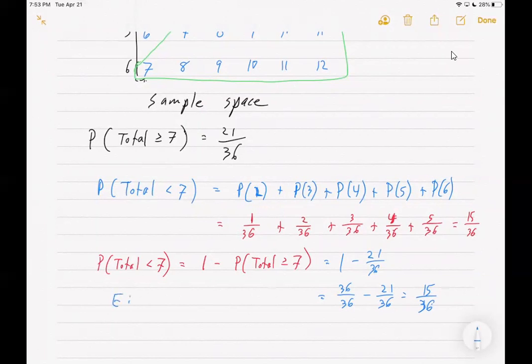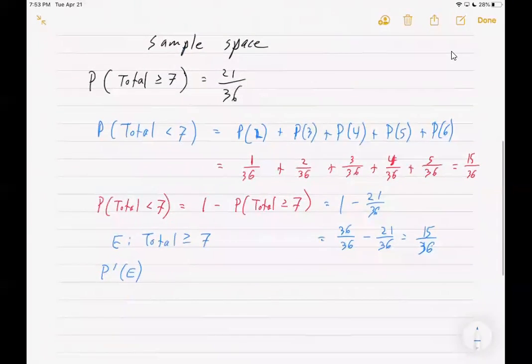So we can say, using the idea of complements, that if E is the event that the total is greater than or equal to 7, then the book would call this the complement. We would take the probability of the complement of E, and that would give me the probability that the total is not greater than or equal to 7. So the complement of an event is to say that it does not happen.